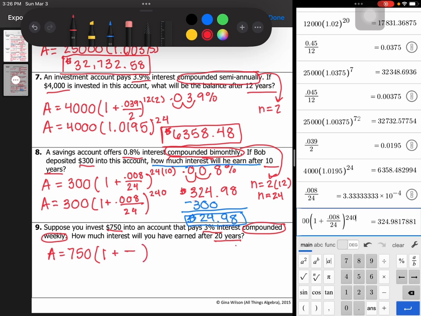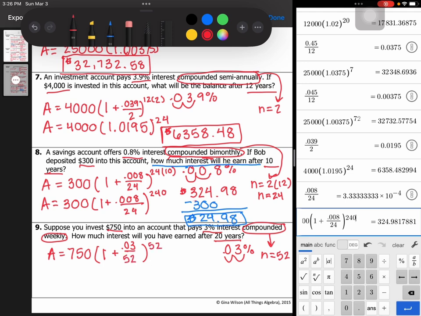3%. So 3%, move our decimal over twice, gives us 0.03. Compounded weekly. So think about how many weeks there are in a year. There are 52 weeks in a year, so that means it's going to be compounded 52 times. So our n is 52.